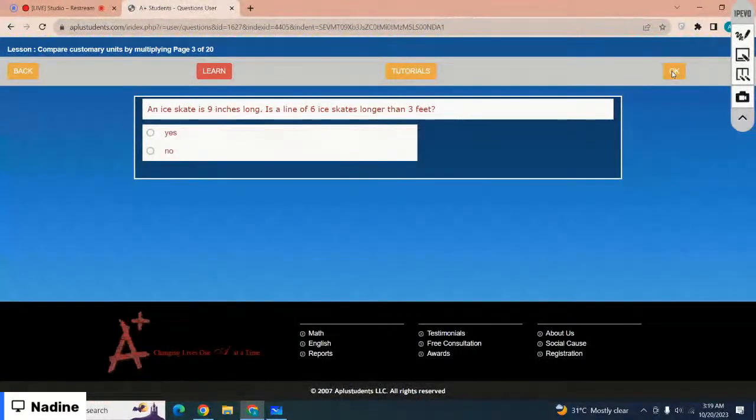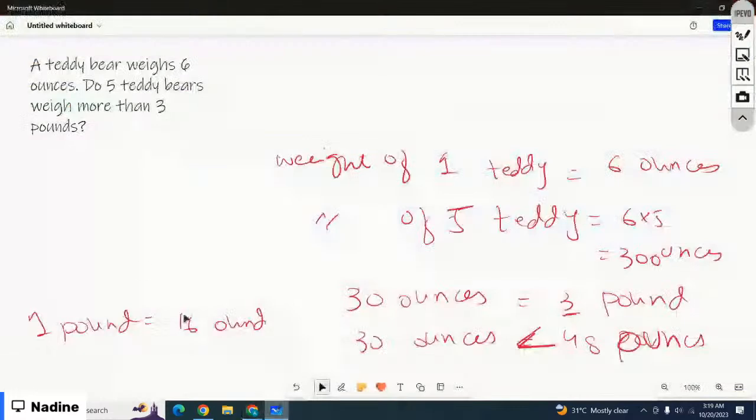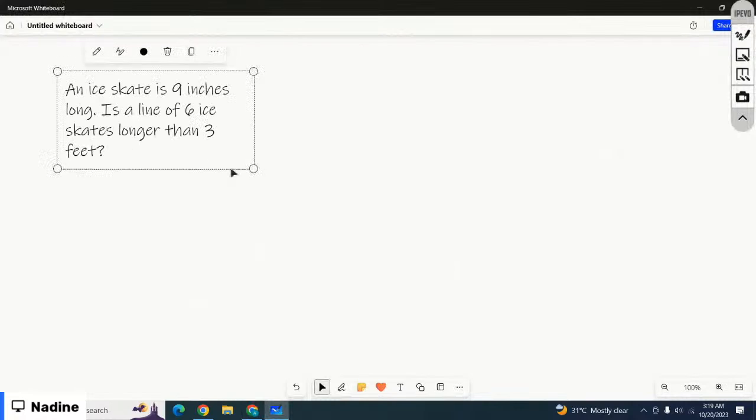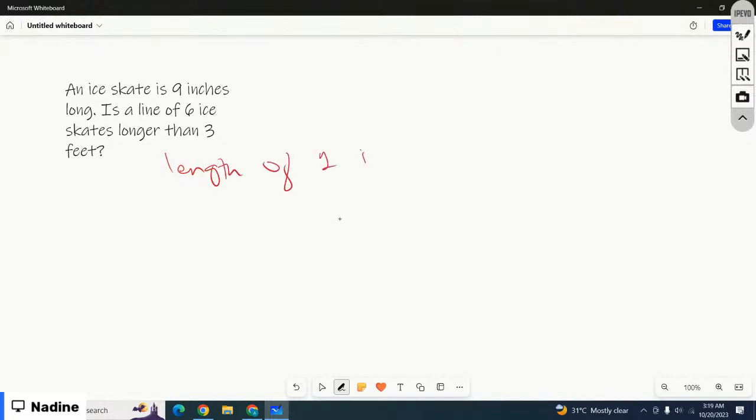Okay, an ice skate is 9 inches long. Is a line of 6 ice skates longer than 3 feet? The length of one ice skate is 9 inches, right?